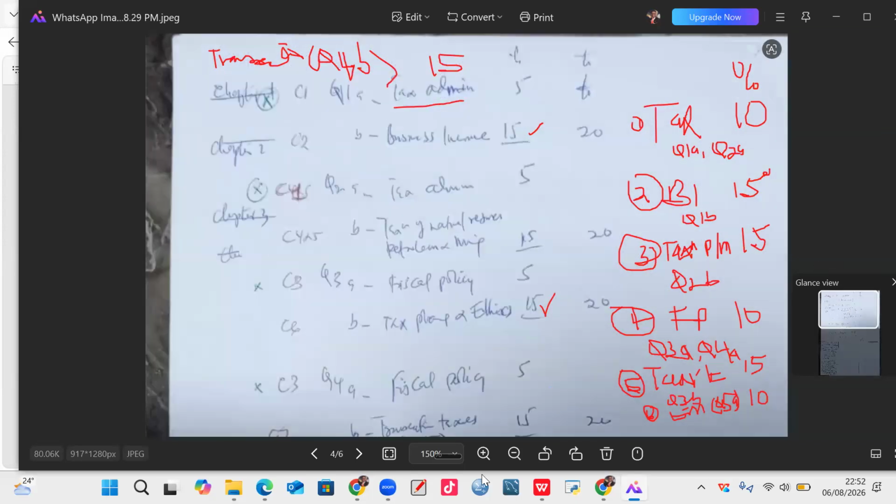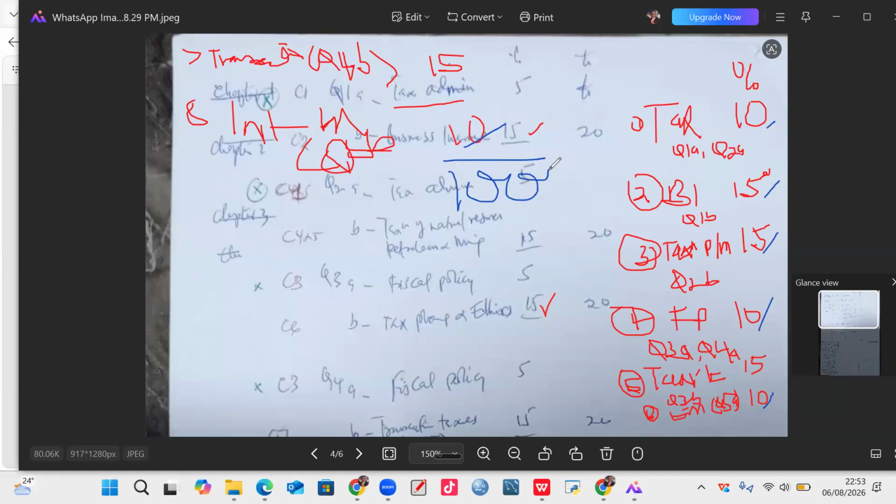When the lecture notes are on international taxation, know that it is question 5B. That is 10 marks. So when I add all these, they should give me 100%. When I add the 10 to 15, we have 25, then 40, 50, 60, this is 70. Then 15 plus 15 is 30, 100%. That's it.